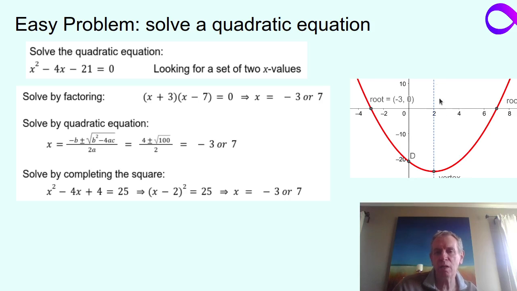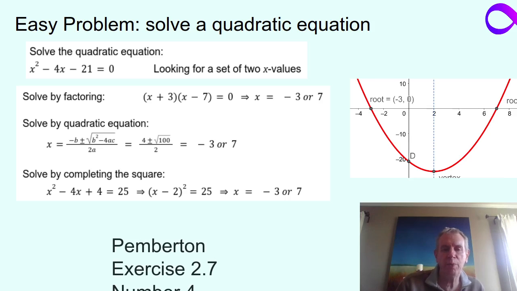These are the solutions to where the curve equals 0, where it crosses the x-axis at x equals -3 and at x equals 7. So these are the many ways you could solve it. This is a simple question. I'm sure that all of you know how to do it.